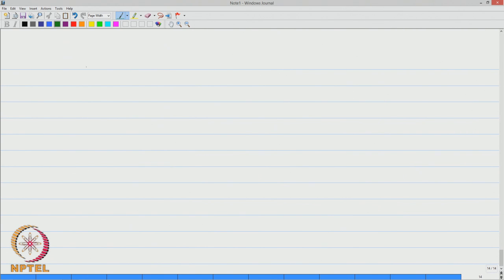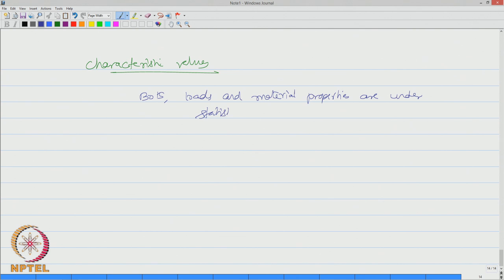Once we talk about characteristic loads, let us say what are these characteristic values. Now, both loads and material properties are under statistical variations, they are subjected to high uncertainties.